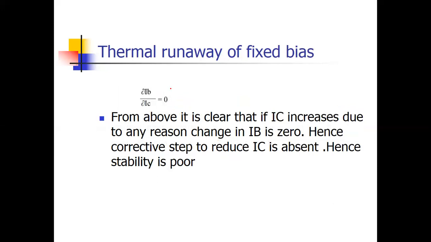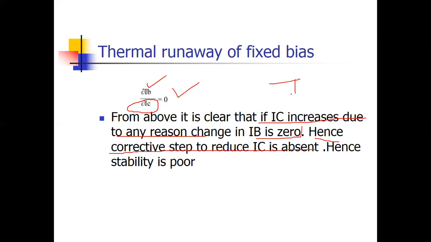Why? Because if you remember, the differentiation of the IB current was 0. From this, we understand that whatever the change in IC, the change in IB is 0. So if IC increases for any reason, IB is not changing. We cannot control current IC by IB, and the corrective step to reduce IC is absent.